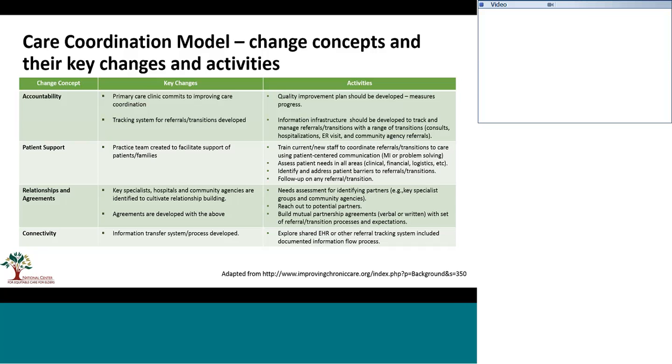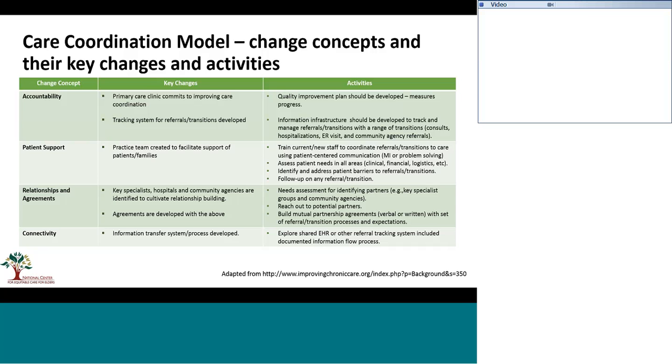Additionally, some other activities under patient support are assessing patients' needs in all areas. Additionally, identifying and addressing patient barriers to referrals and transitions. So what are some of the barriers that the patient might have with respect to either making a referral or following a transition?